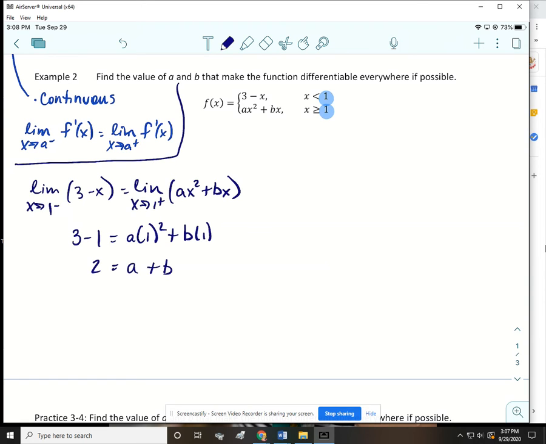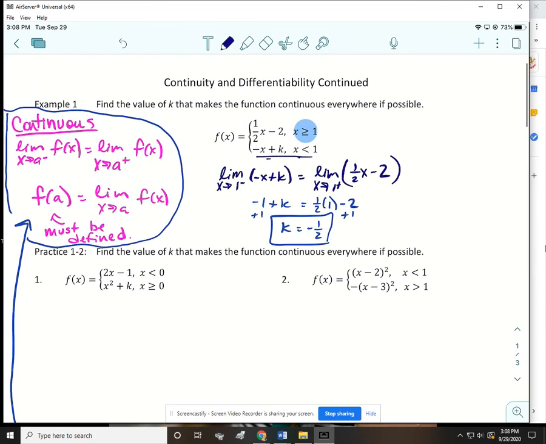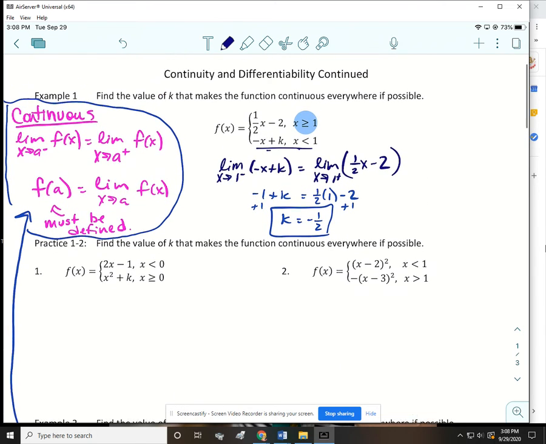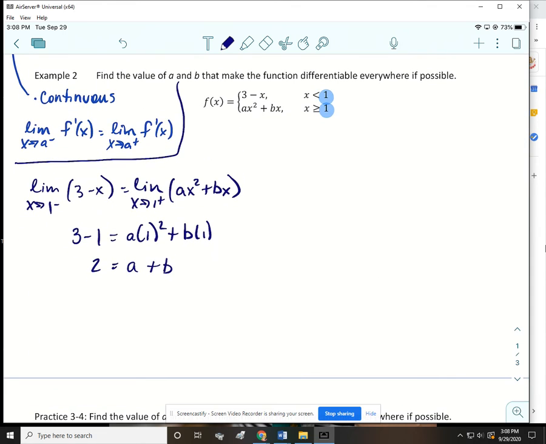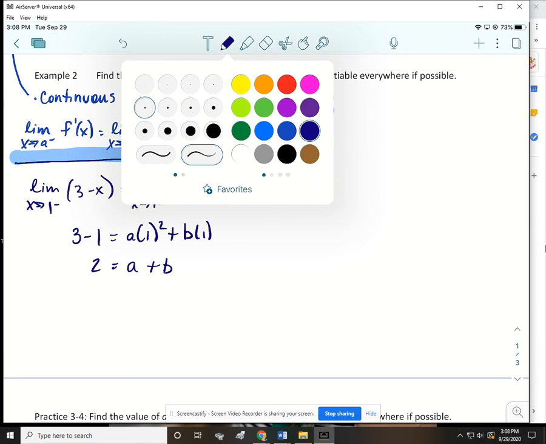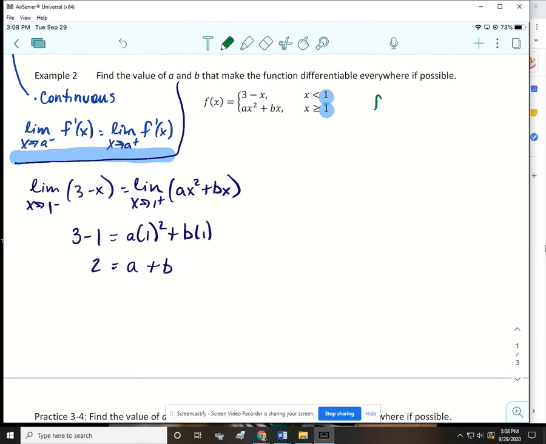All right, so when we finished that on example 1, we knew what k was. We can't solve that equation for a or b because there's 2 things we don't know, 2 unknowns. But I'd be willing to bet once we do the second part of determining whether a function is differentiable, we'll be able to finish it up. So what I'm going to do next is find f prime of x. So to do that, we're just going to find the derivative of each piece.